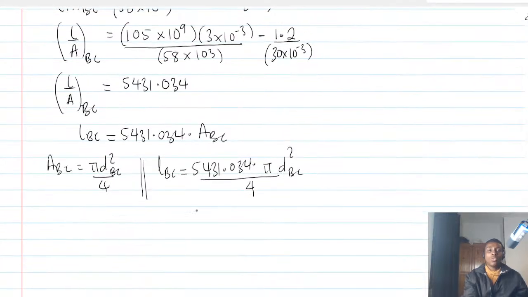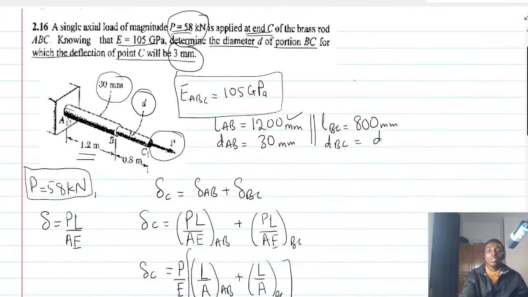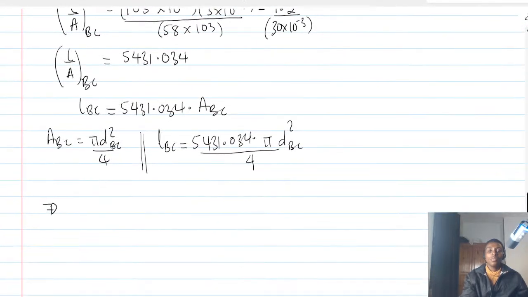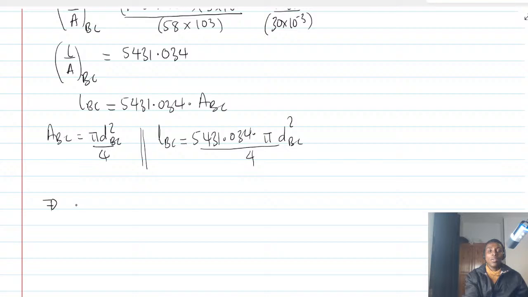From here, we can go straightforward. We know that the length of BC is what? 800 millimeters, which is 0.8 meters. So then, let's make the diameter of BC the subject. Let me take my time. So 4 times LBC will be 5431.034 pi dBC squared.